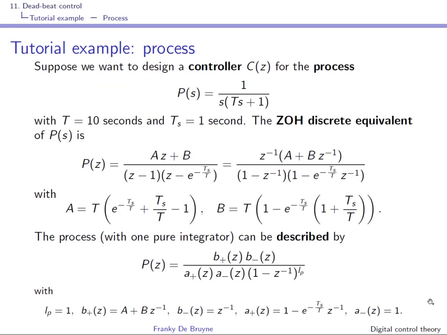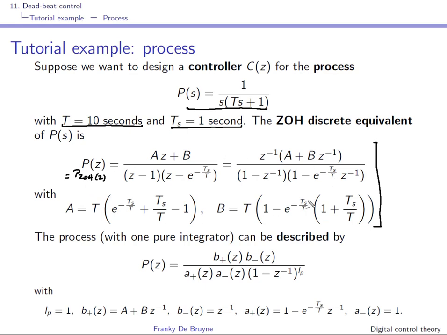So let us apply deadbeat control to our tutorial process that is given over here, where the time constant is 10 seconds and we want a sampling interval that is 1 second. Deadbeat control is a direct digital design method, so we need to base it on the zero order hold equivalent description of the process that is given over here.